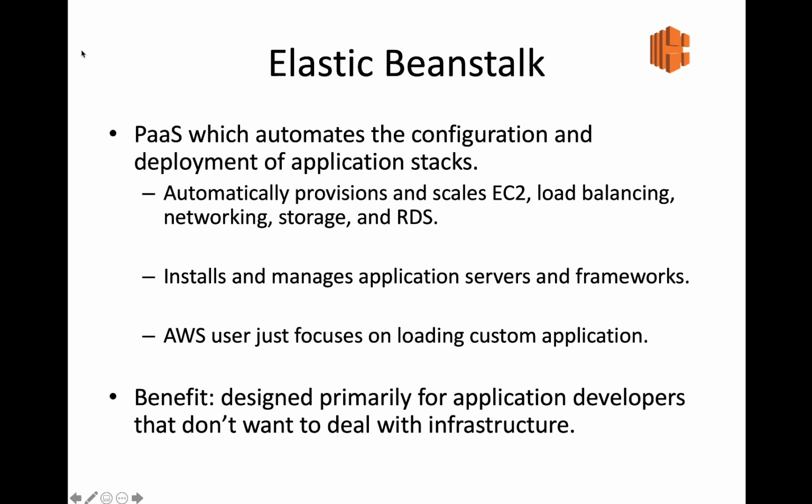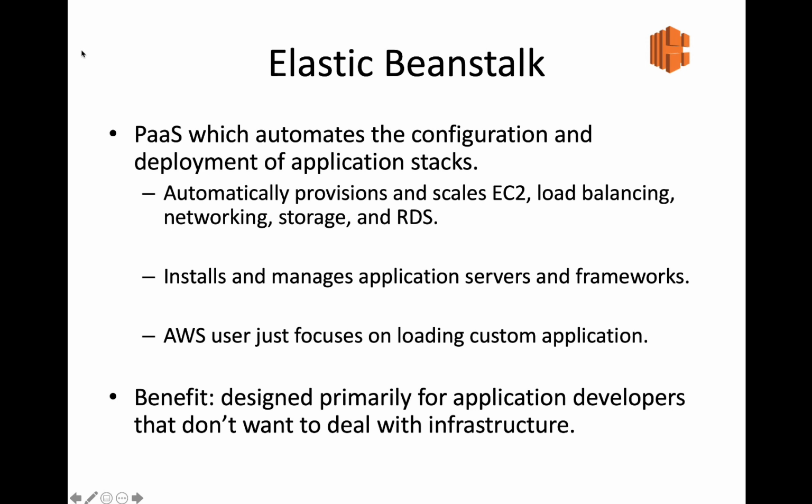In this segment of the lecture, I want to talk about an AWS service called Elastic Beanstalk. Elastic Beanstalk is platform as a service. If you recall, there were three main types of cloud computing business models. There was infrastructure as a service, which we've been using mostly up until this point.